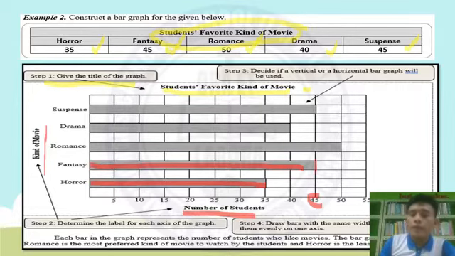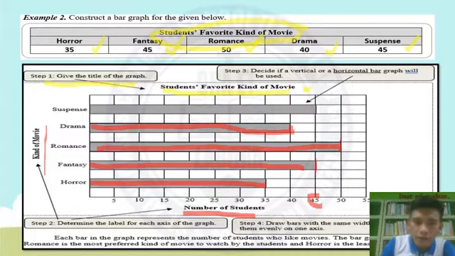For romance, 50 students like to watch this movie. So 50. For drama, 40 students. 40 is found here. And for suspense, 45 students. 45 is found here.